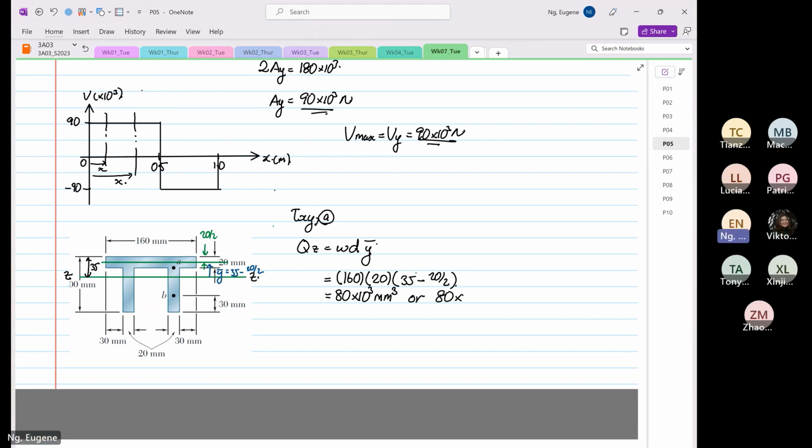80 times 10 to the power minus 6 meter cube. So we have our Qz already. So from here, we can directly put in our values.